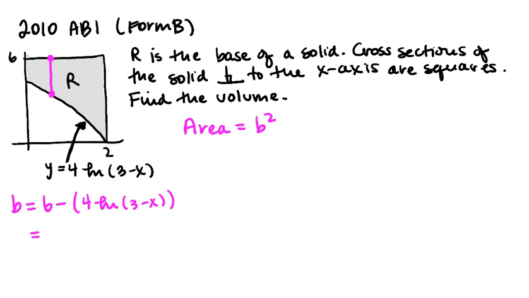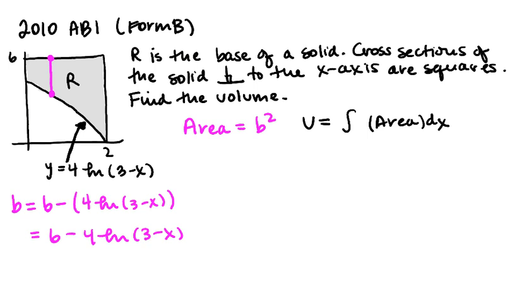So this is equal to 6 minus 4 log 3 minus x. And so we know that volume is equal to the integral of area. Cross sections are perpendicular to the x-axis, so with respect to x, we're going to let x run from 0 to 2.